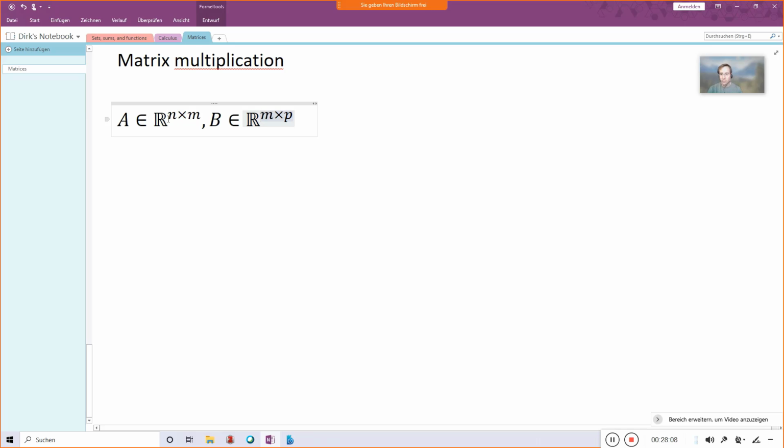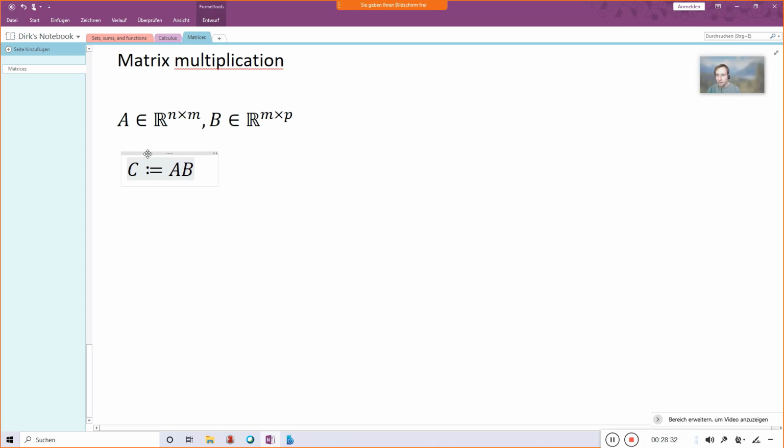So n and p can be arbitrary, but the number of columns of the first matrix and the number of rows of the second matrix need to be identical. Then we can evaluate the matrix product of A and B, which is C, which we write as follows.